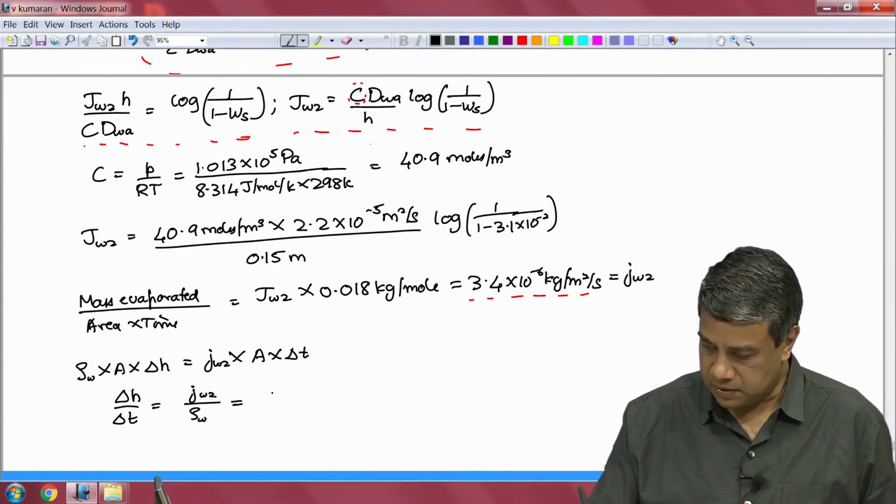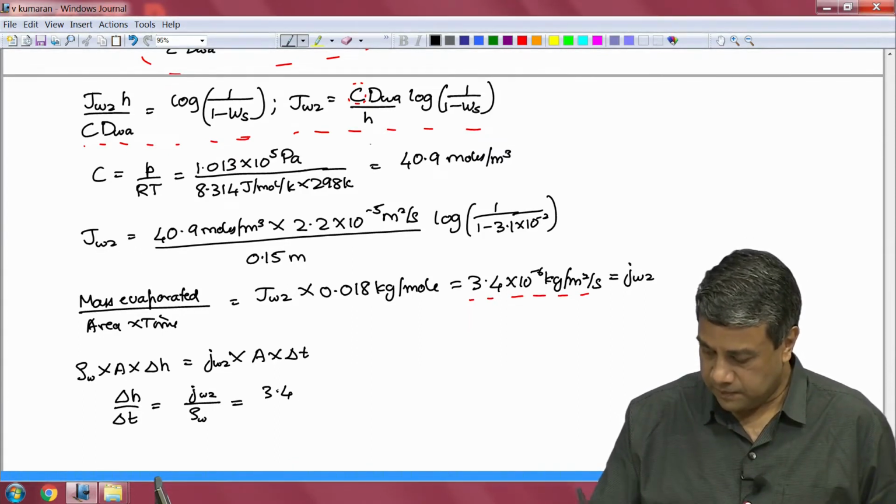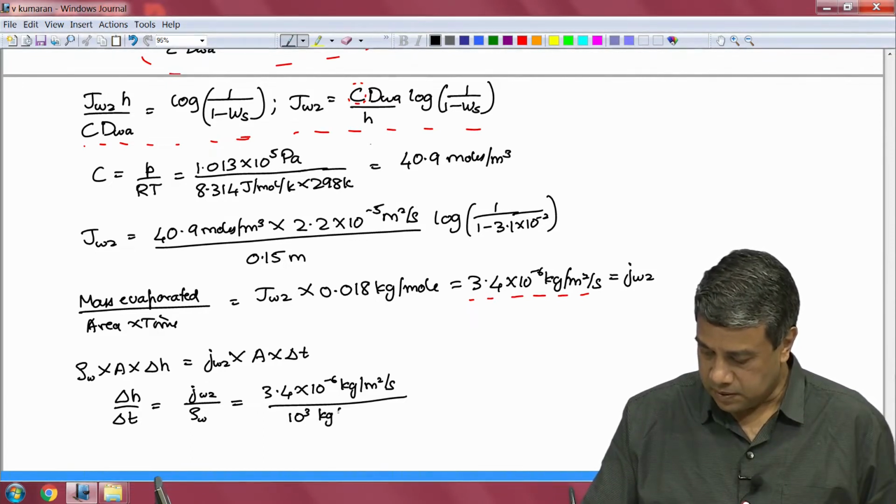So, this is equal to 3.4 into 10 power minus 6 kg per meter square per second divided by 10 power 3 kg per meter cubed.